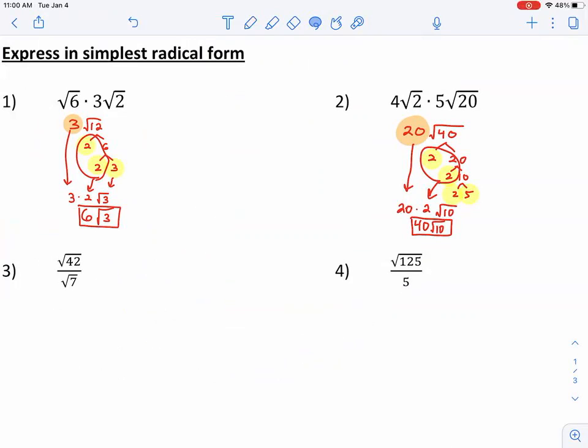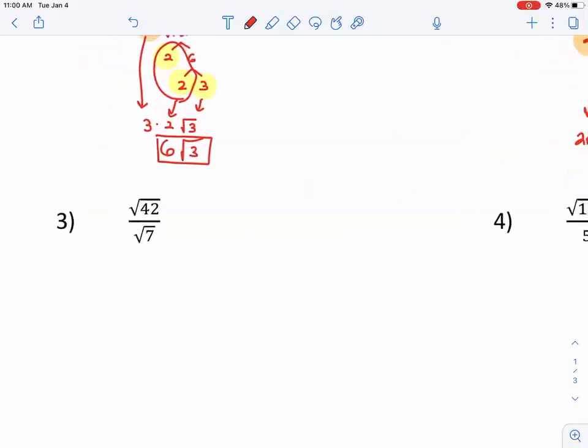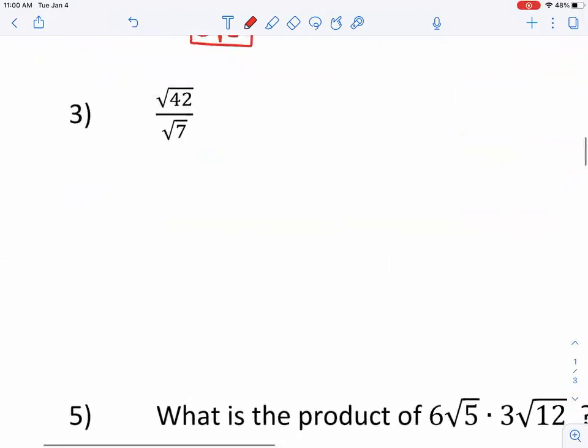Okay, so if we're multiplying, we can multiply stuff on the outside and multiply stuff on the inside. If we're dividing, like in problem number 3, these are both inside, so I can just divide those numbers. Well, 42 divided by 7 is 6, and so look at this one, it's a quick one.